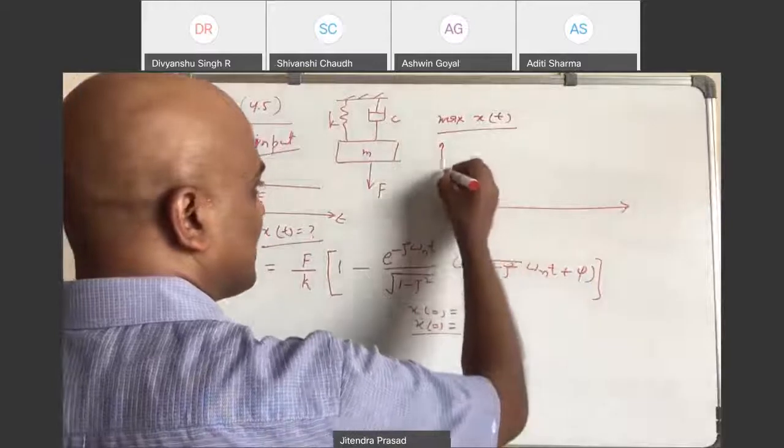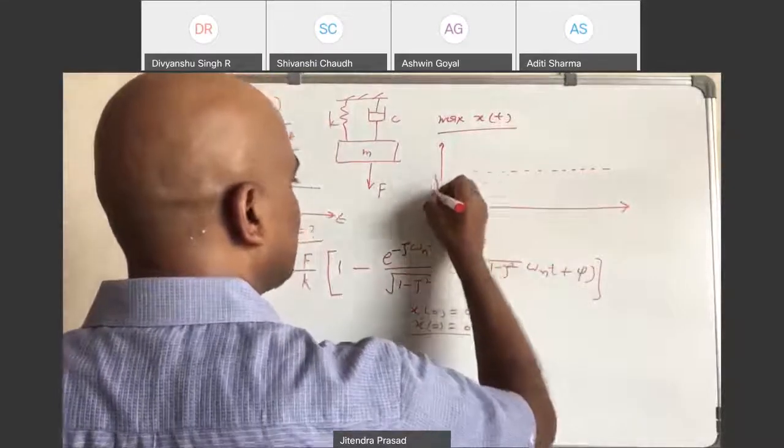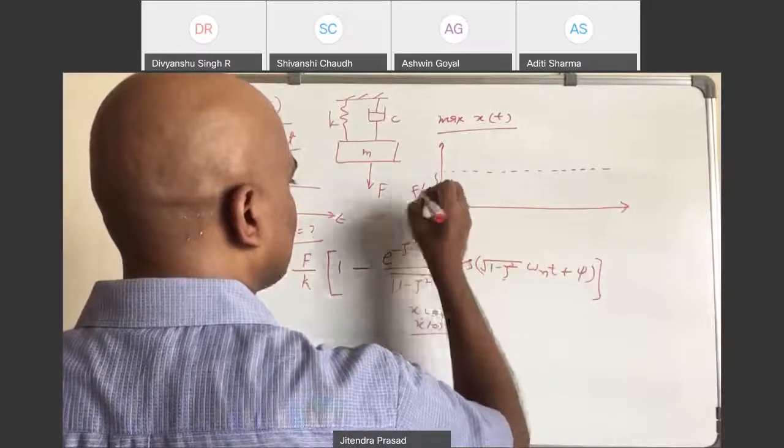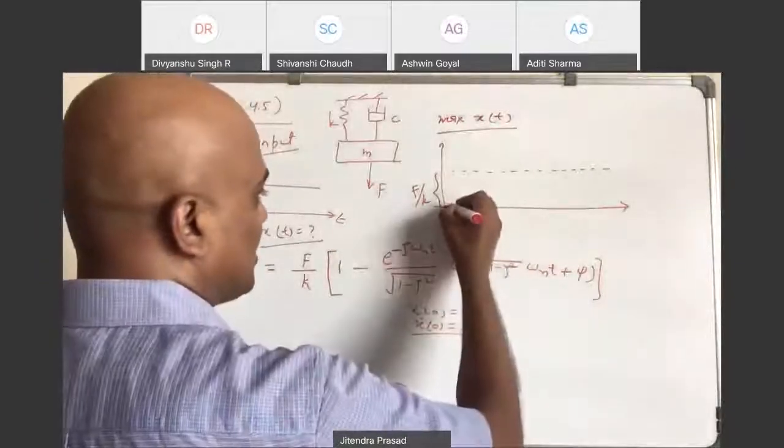It starts from here. Let us say this is the final value, F over k. This is t and this is x.